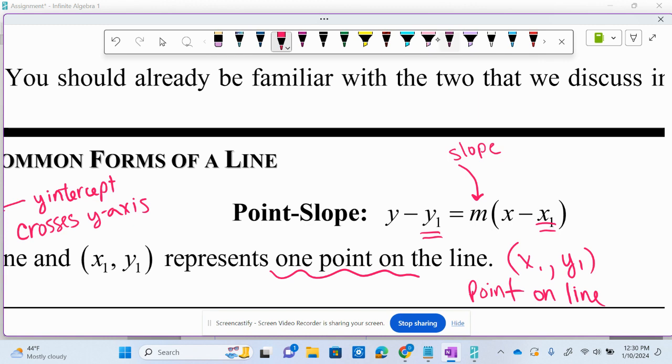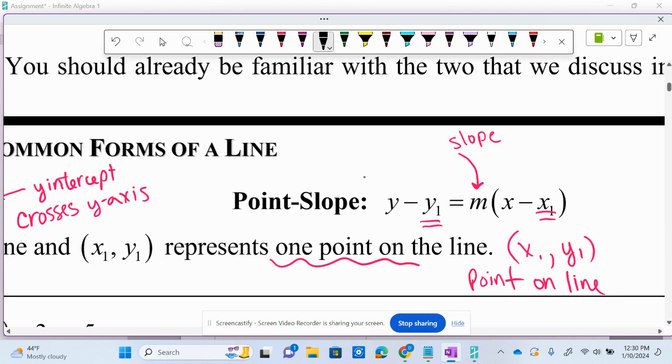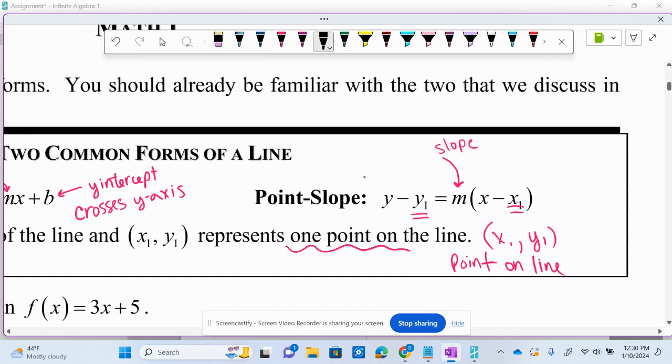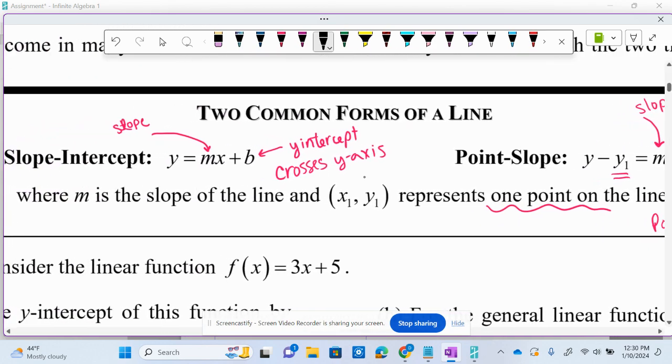So if you are given a question that says, hey, write an equation for a line that passes through the point 2, 3 and has a slope of 7, you can use point slope form. I like point slope form because it requires the least amount of work and the least amount of thinking. And you can transform that into any other form.